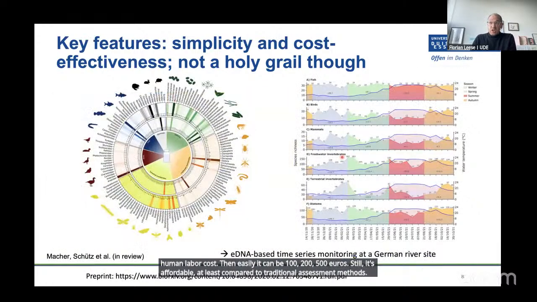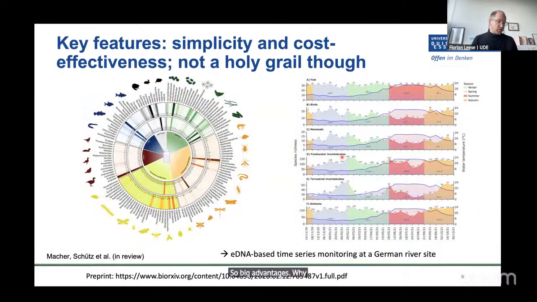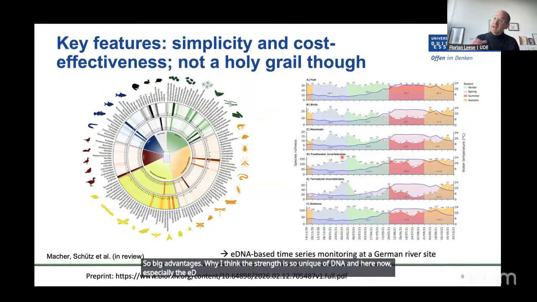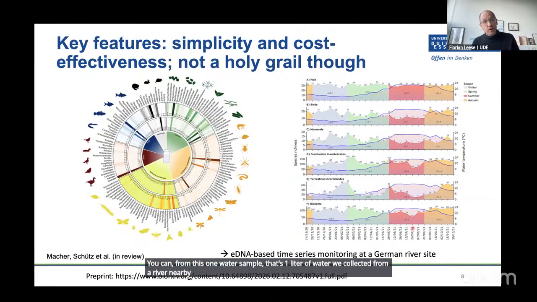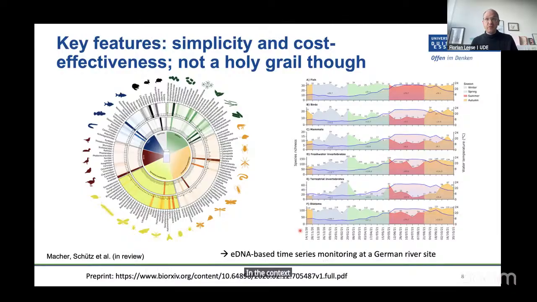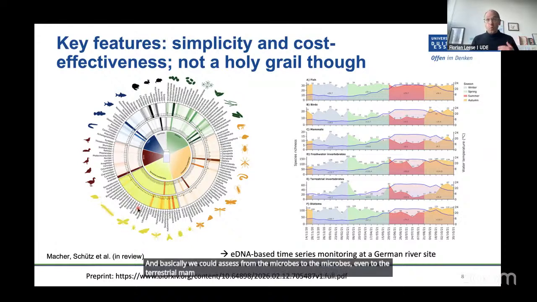So big advantages, why I think the strength is so unique of DNA, and here now, especially the eDNA methods, where you just collect a water sample. From this one water sample, that's 1 liter of water we collected from a river nearby, in the context of 1 year, every 2 weeks, we collected a bottle of water, and basically we could assess from the microbes to the macrobes, even to the terrestrial mammal species, what occurs where and how does diversity change.